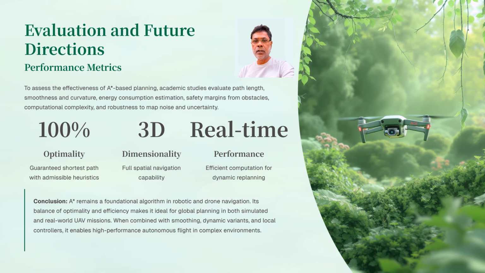Because it works naturally in 3D space, A-star is a great fit for aerial navigation, and it's efficient enough to support real-time replanning as conditions change. In short, A-star remains a core algorithm in drone and robotics navigation. When combined with path smoothing, adaptive improvements, and strong local controllers, it enables reliable autonomous flight even in complex, dynamic environments.